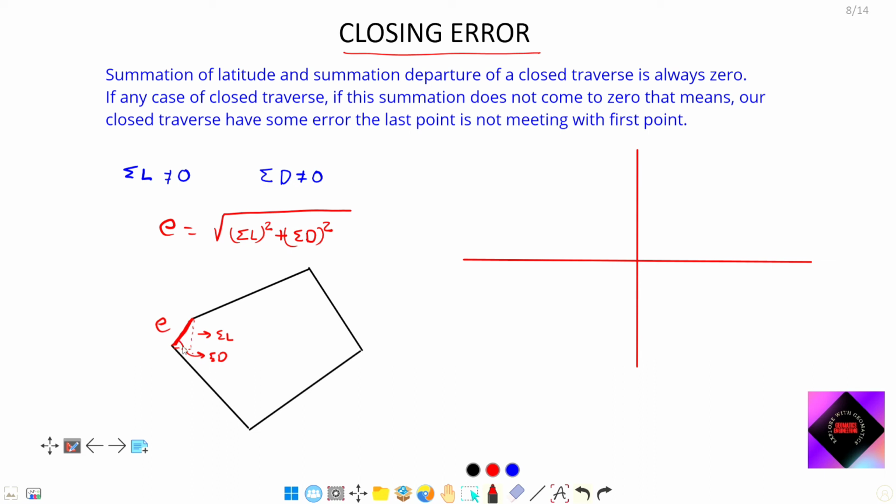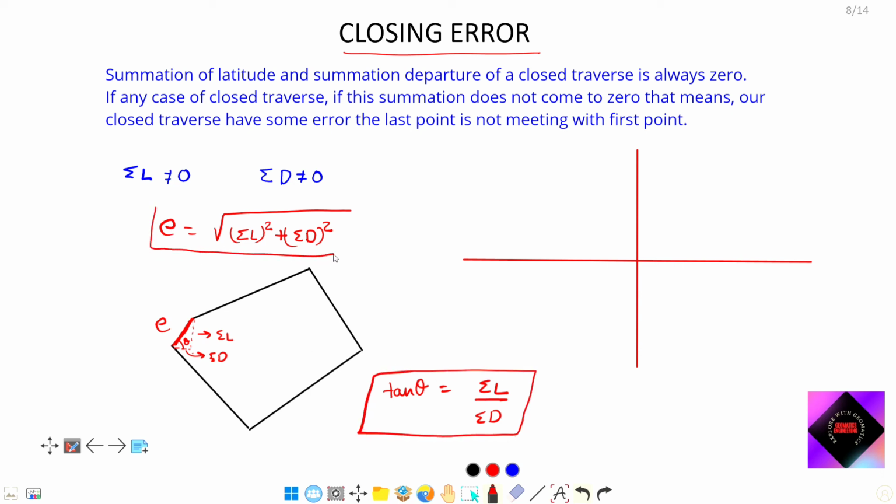You can also find the direction of E with the horizontal axis or vertical axis. For example, with the horizontal axis I am taking theta, then tan theta will be summation D over summation L. You can calculate the direction of E also.